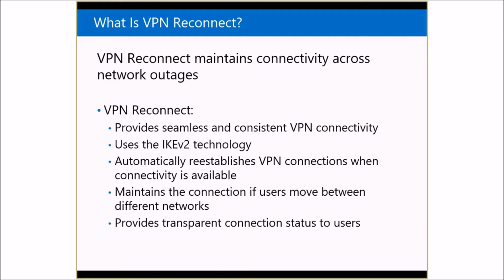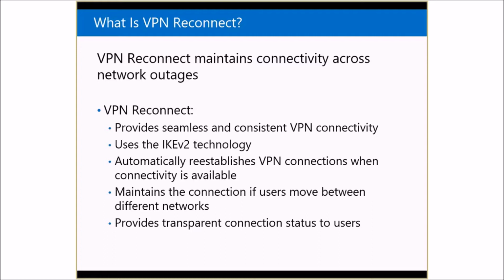It maintains the connection if users move between different networks. You've heard of the term cells? You've probably heard the term cell phones, right? Cell phones are basically mobile phones, but we're not always connected to the same mobile phone tower. As we're making a phone call and walking from North Terrace to South Terrace, we're going to be in one cell or one area of coverage, and we're going to walk out of that cell and into another area of coverage.